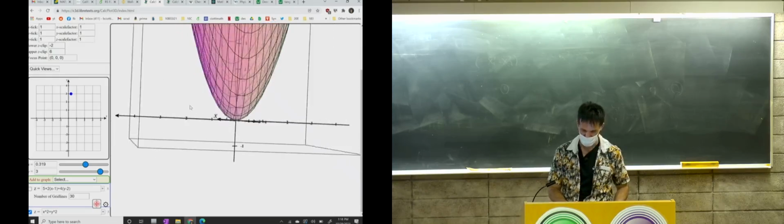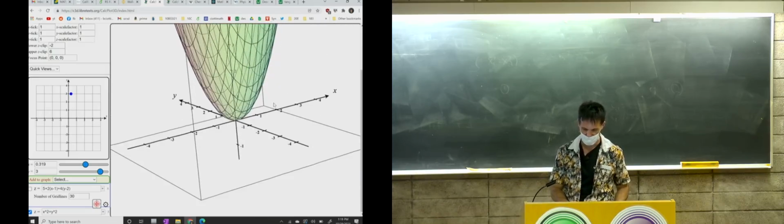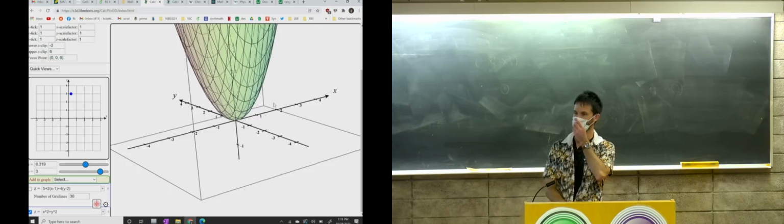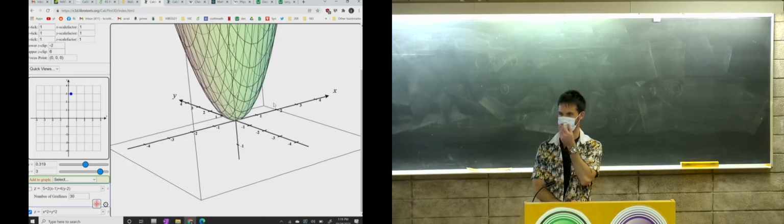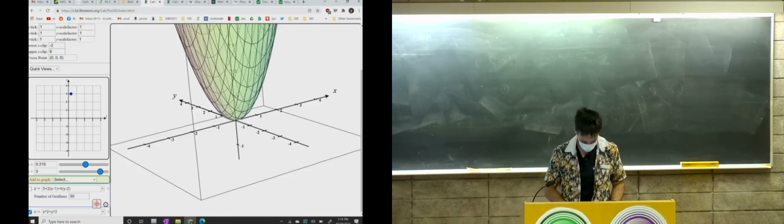Oh, that is the normal direction, yeah. And the tangent plane? Is the xy plane, z equals 0. Cool.